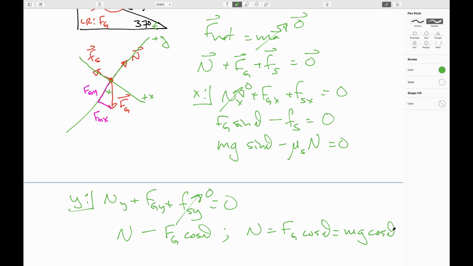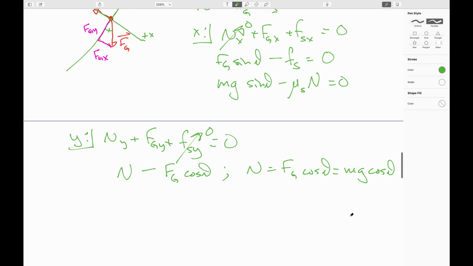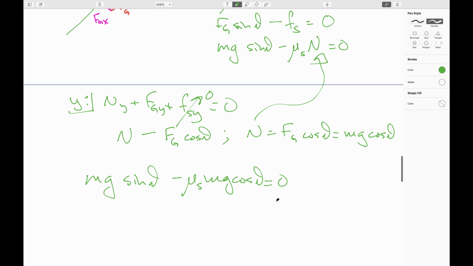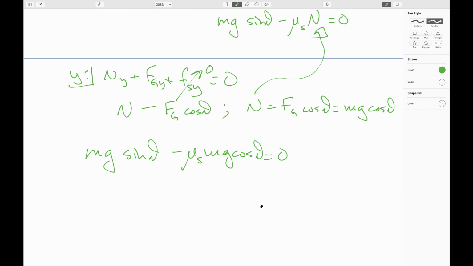All right, so now we can put that into there. That's going to give me mg sine theta minus mu s mg cosine theta equals 0. We're solving for mu s here.